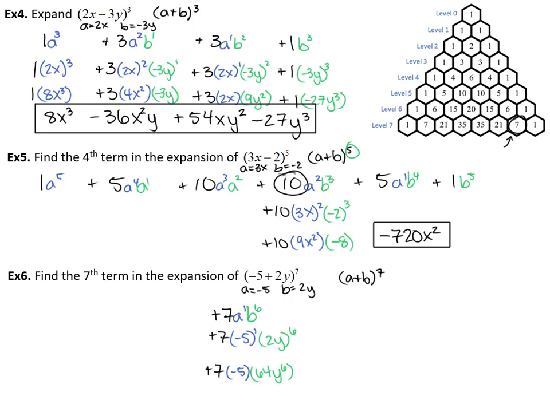So now I do need to multiply those things together. 7 times -5 times 64 is -2,240 y to the 6th. And that would be the 7th term in. Thank goodness we didn't have to do the complete expansion.